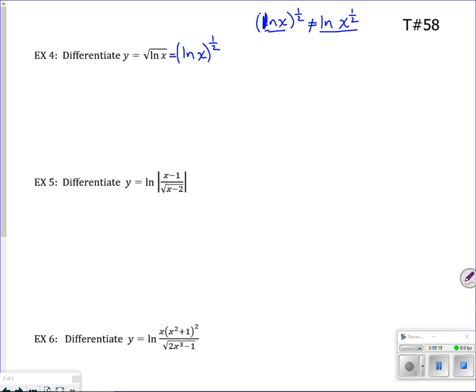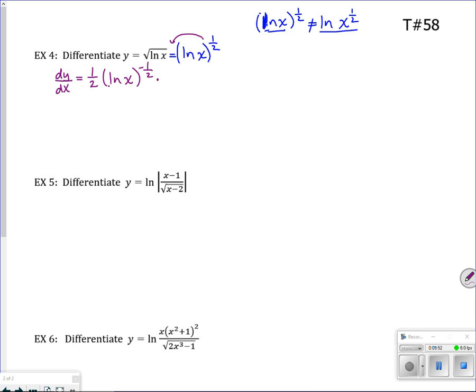So let's do the one on the left. If I write it as a power, what must I remember when doing the power rule? As we've said, when you're doing the power rule with parentheses, you better be thinking of the chain rule. So let's think of our words. We're going to do power to the front, decrease the power by 1, but I can't stop there, times the inner derivative.